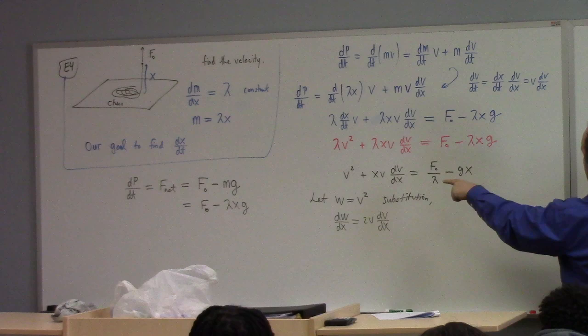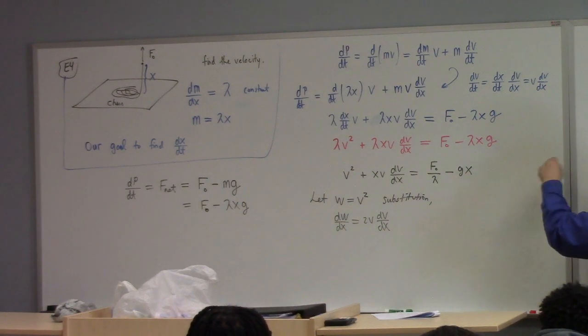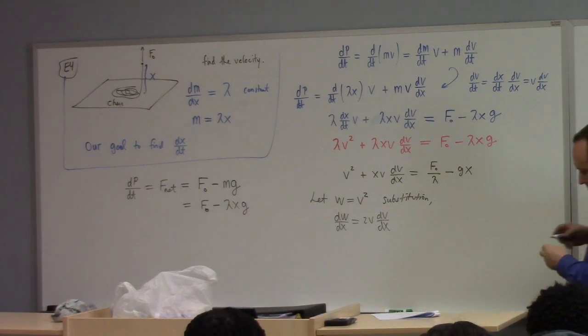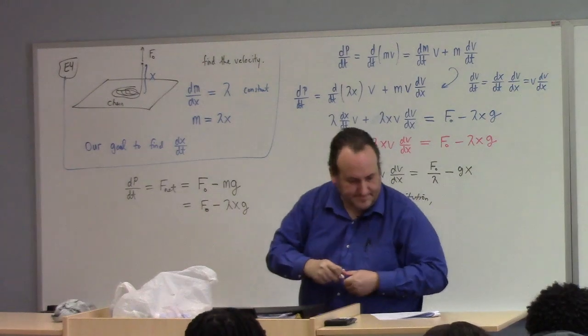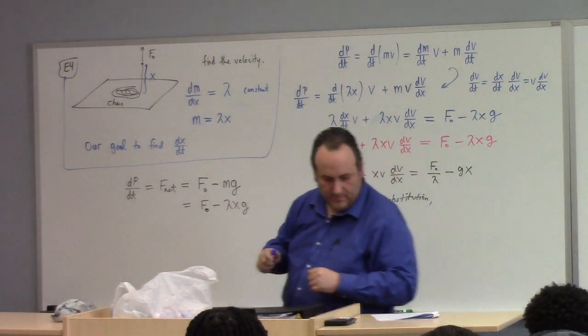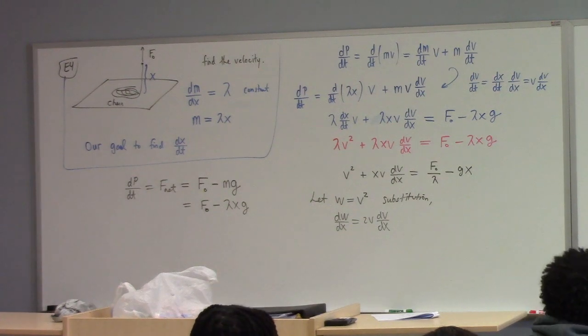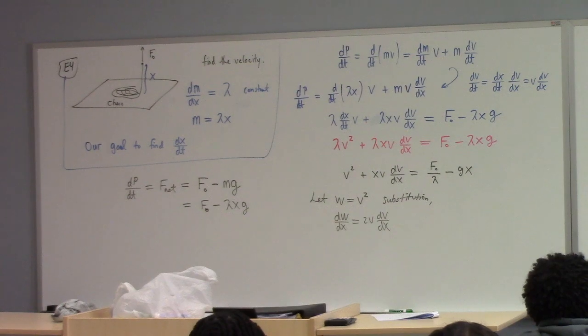That's my left-hand side. That equals f naught over lambda minus gx, if I haven't made a mistake. Can we clean that up? Can you solve this differential equation? I think we can.